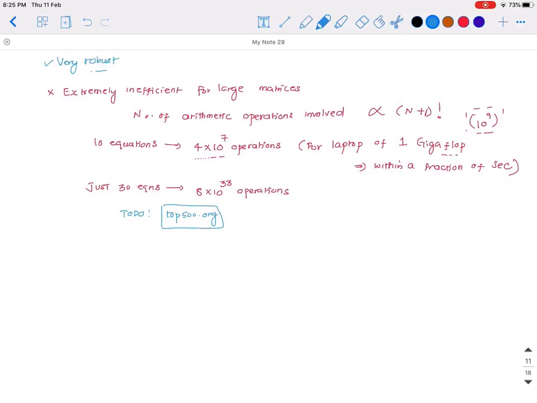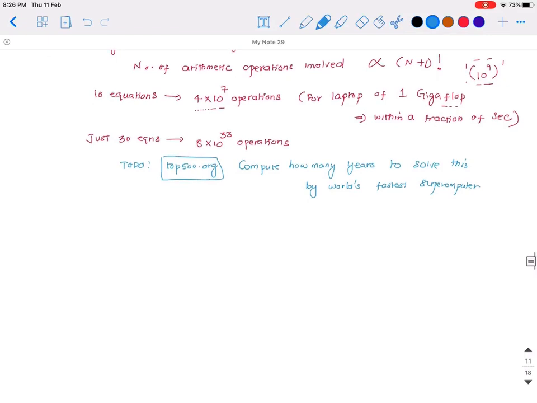Take the world's fastest supercomputer and compute how many years it will take to solve this. You have to do it. It will give you an idea of how inefficient Cramer's rule is.